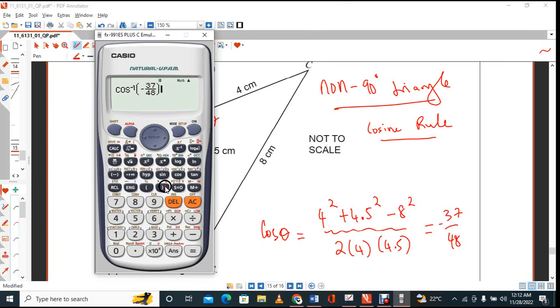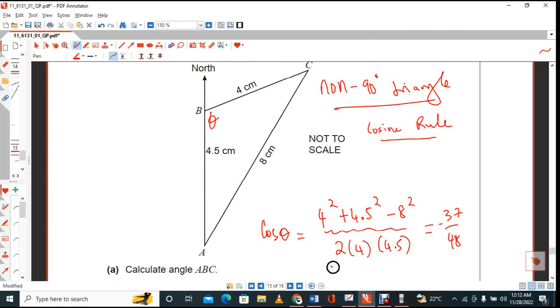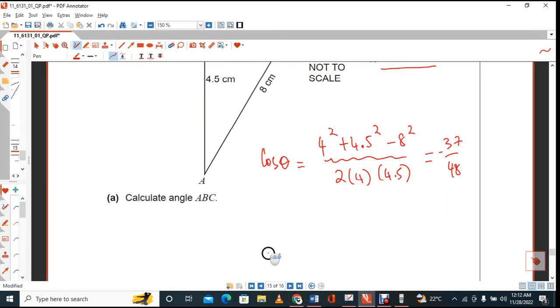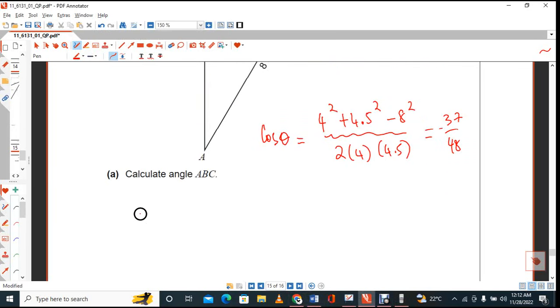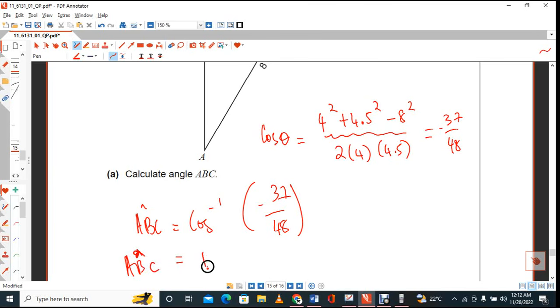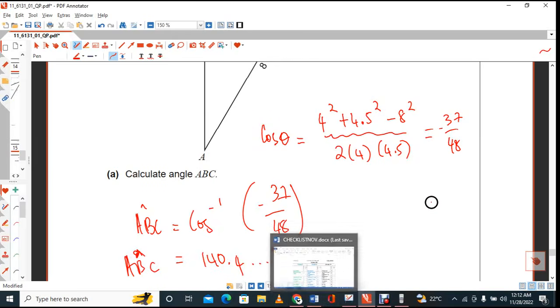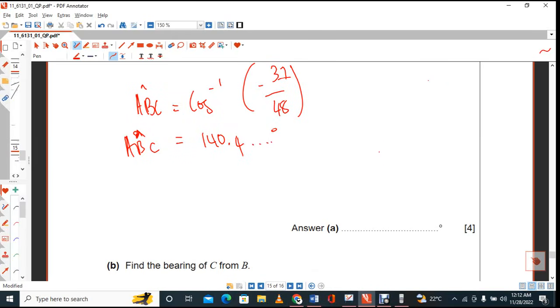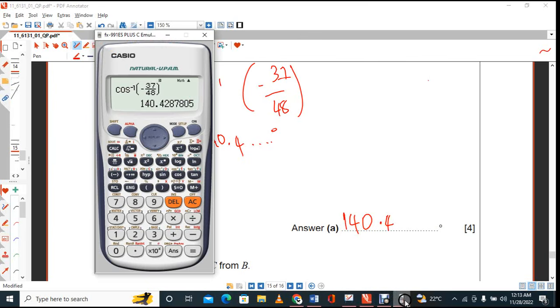I'm getting my angle, which is 140.42, and so on. So the angle ABC is 140.4 degrees. Since we are supposed to give angles to one decimal place, we say 140.4 degrees.